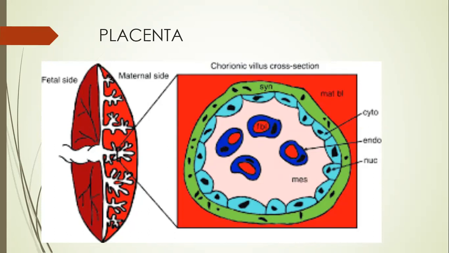Starting from the lower part, we have fetal blood vessels. Can you see the whiteboard here? Here we have the fetal blood vessel, the first layer.